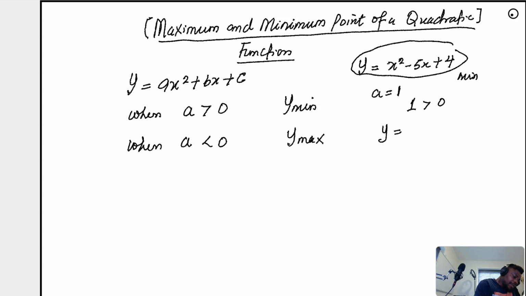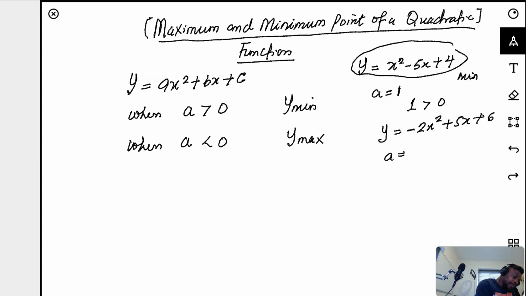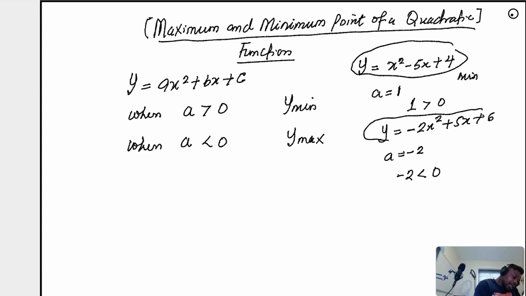When you have something like minus 2x squared plus 5x plus 6, our a here is equal to minus 2, and minus 2 is less than 0. So it simply means this function can only give us a maximum value of the function.